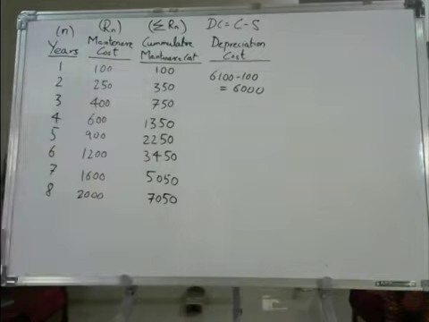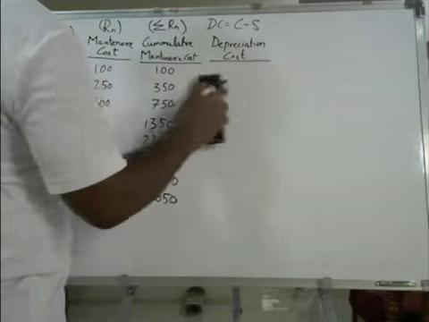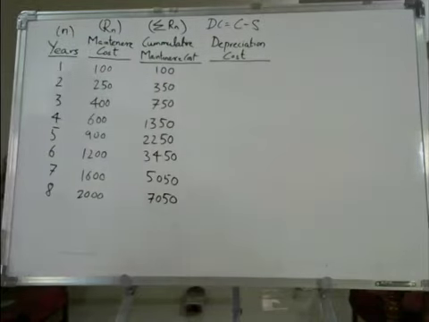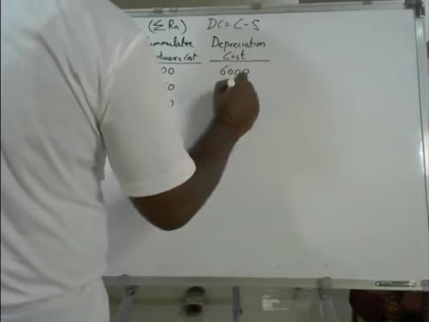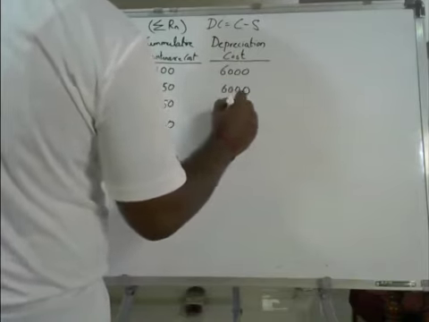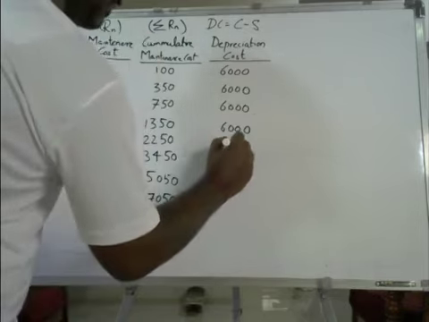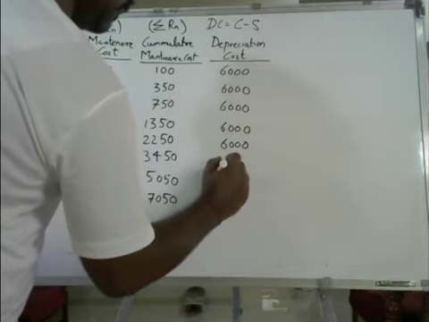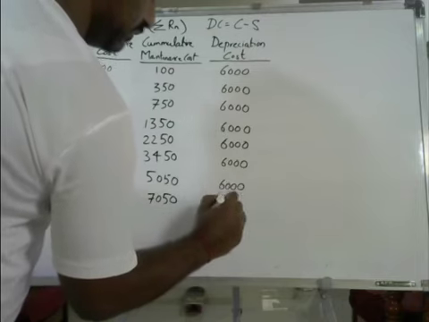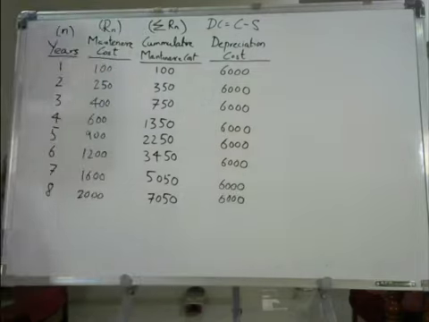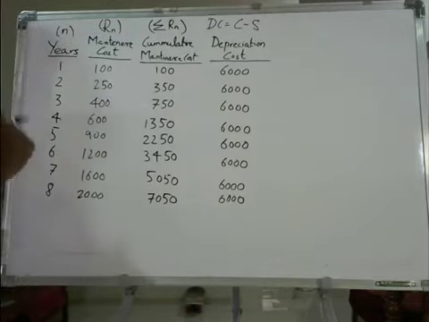Since there is no scrap value or resale value given for each year, we have to take the 6,000 the same for all the years. 6,000 for the first year, 6,000 for the second year, third year, fourth year, fifth year, sixth, seventh, and eighth. For all the years, the depreciation cost will be 6,000.